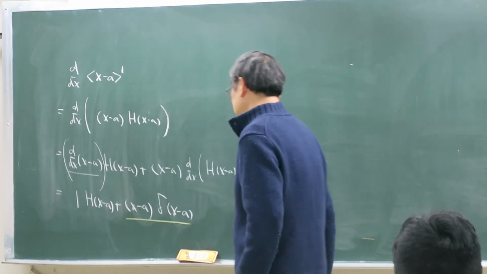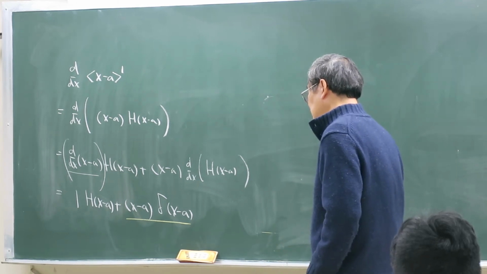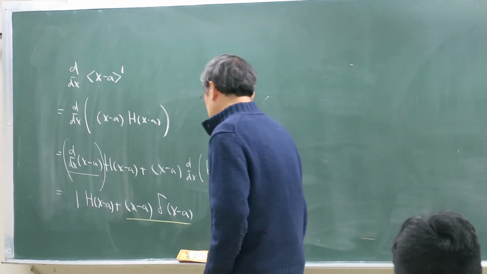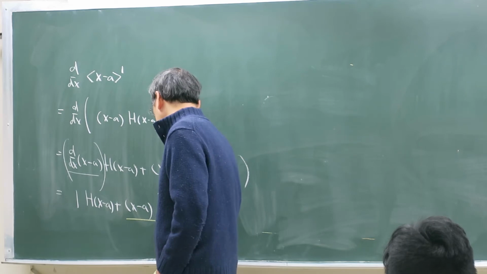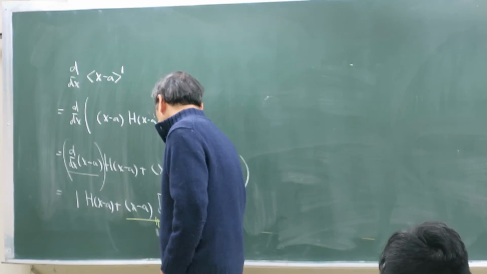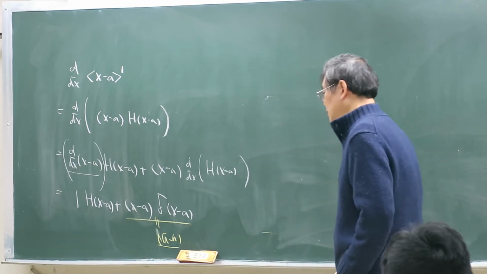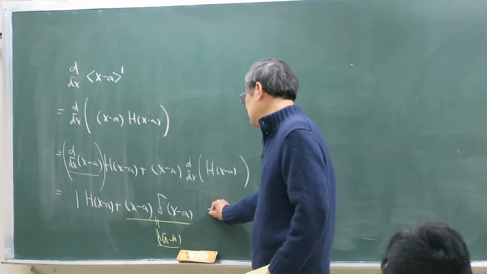This will be what? This will be a minus a, so this answer is H(x − a).